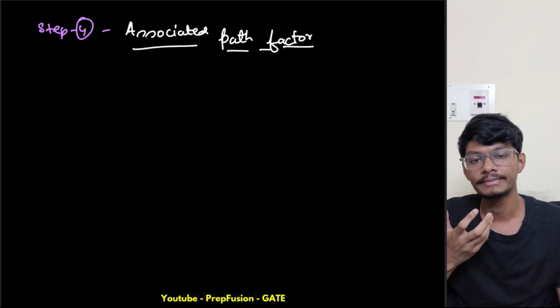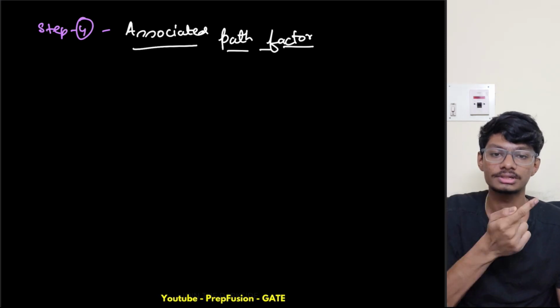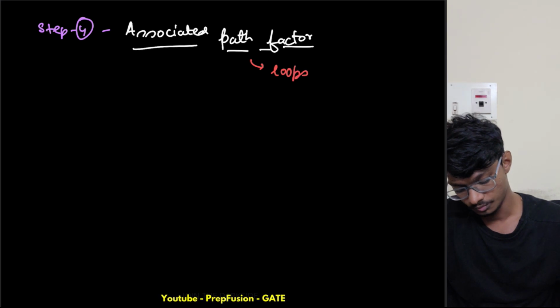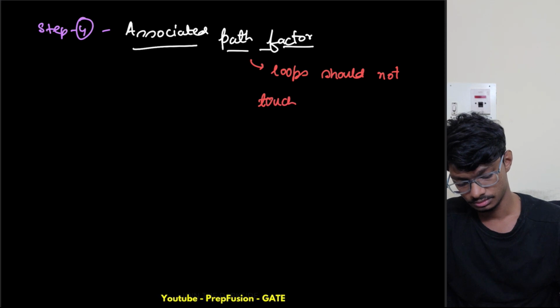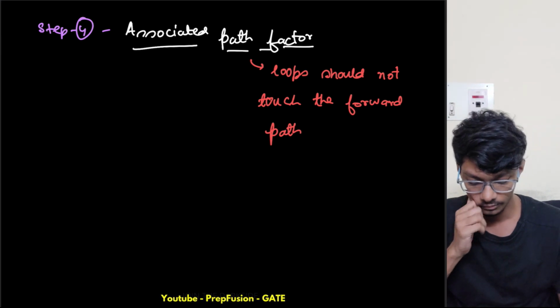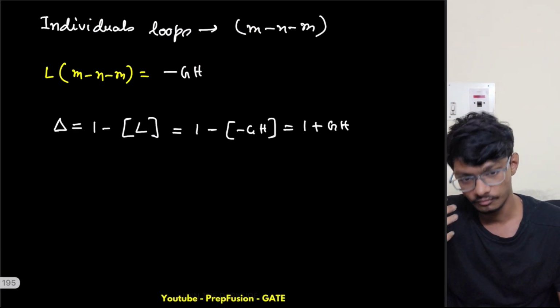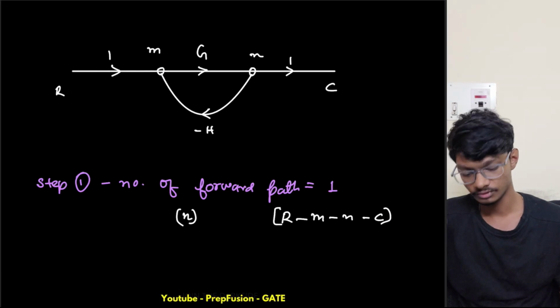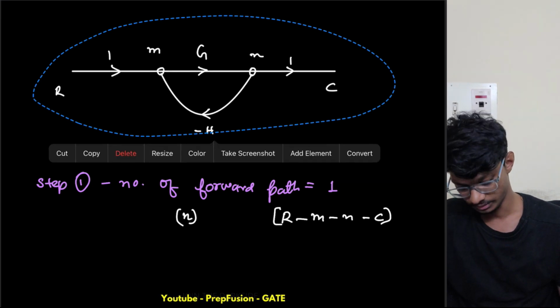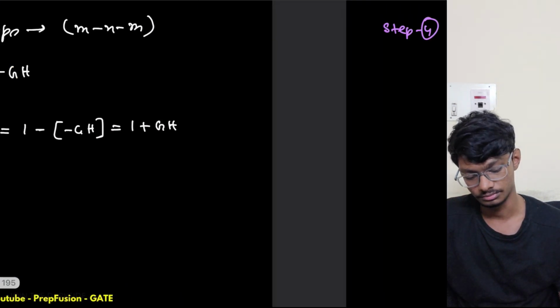What we mean by this is the loops should not touch the forward path. While calculating the associated path, what I will do is copy this, remove the forward path and see how many loops are present. This is what I do generally.